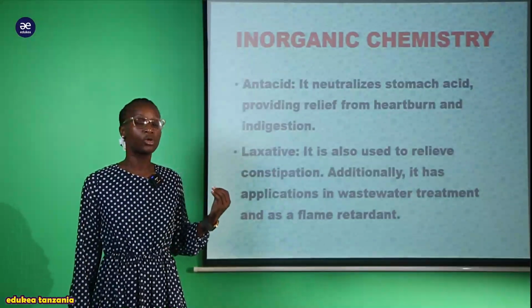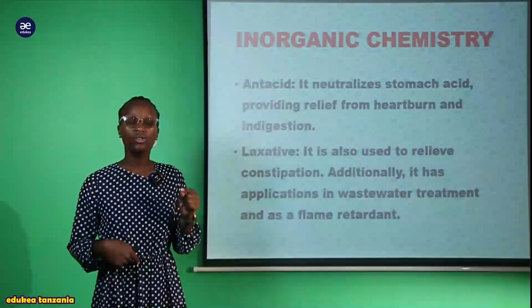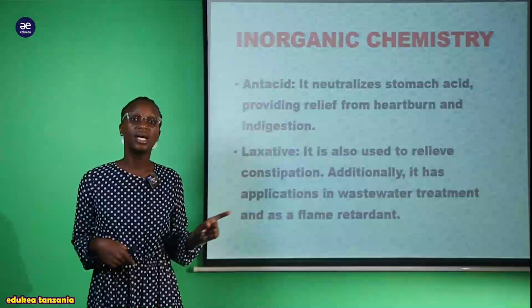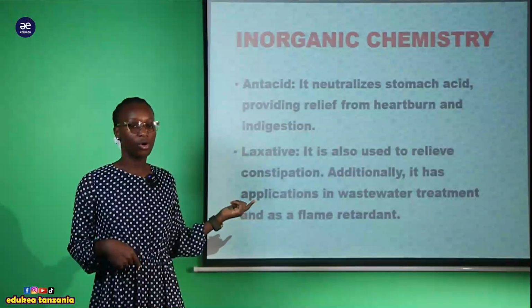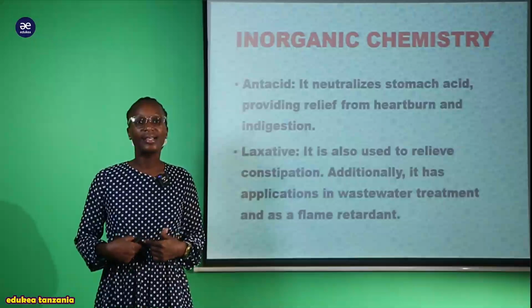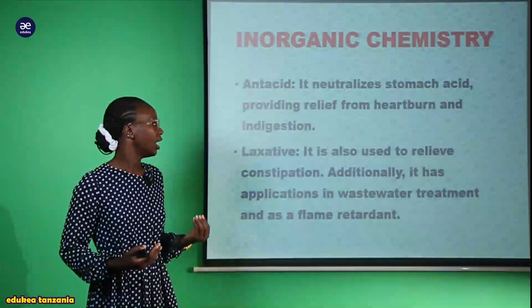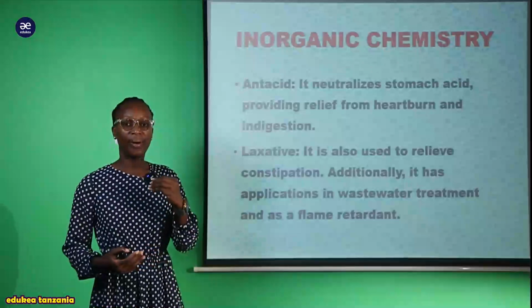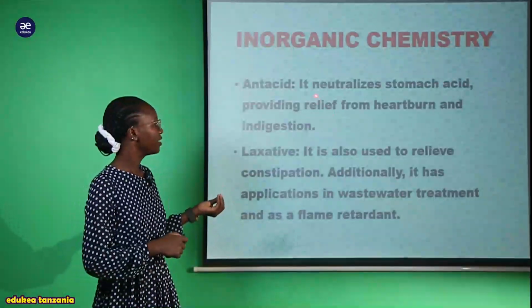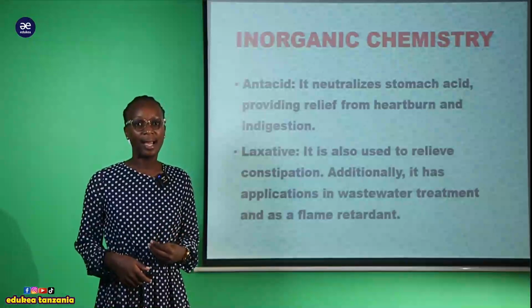Sasa obviously lazima utapewa kitu ambacho kina resist uwepo ile acid, na kitu ambacho utapewa ambayo ni antacid this magnesium hydroxide. Kwa hiyo utapewa hizi dawa ambazo zitasaidia kuneutralize ile acid ili kupunguza kiwango cha acid kwenye tumbo ili upate nafuu. We can say it providing the relief, but also there is the issue of the heartburn.